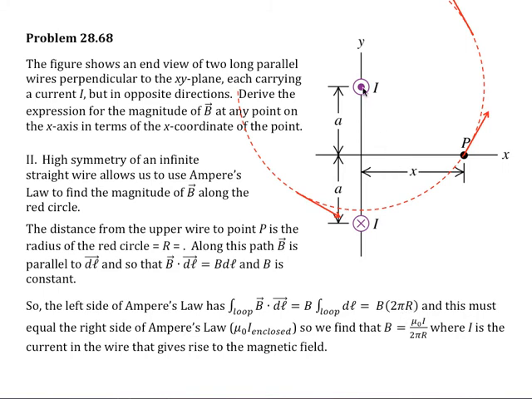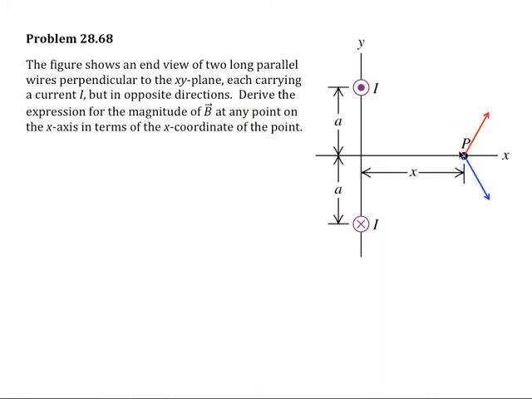The radius is the distance from the wire out to point P. This is the left-hand side of Ampere's law. It has to equal the right-hand side, mu 0 I enclosed. So when you equate those two and solve for B, you find that B is mu 0 I over 2 pi r.